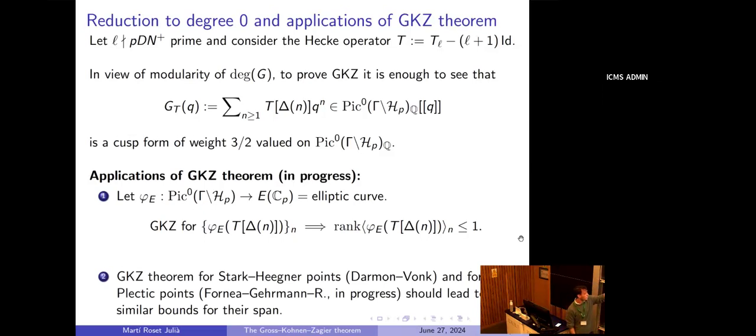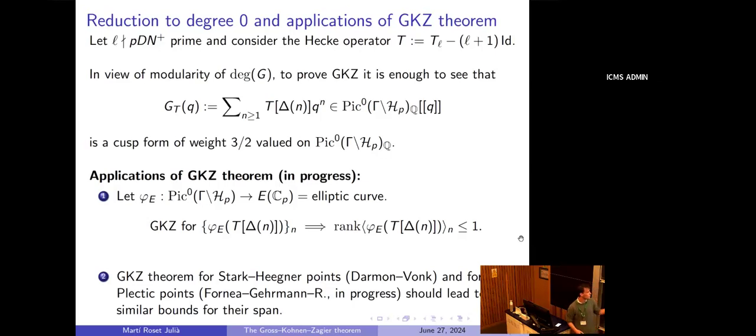But the next observation is also that this construction of Heegner points that we made and the proof that we present is very based on p-adic methods. So then one could hope that this same thing works for types of points for which we have a very p-adic construction, but maybe we don't know that they are global points, such as Stark-Heegner points, that in fact the version of the Gross-Kohnen-Zagier theorem was proven by Darmon and Vonk.